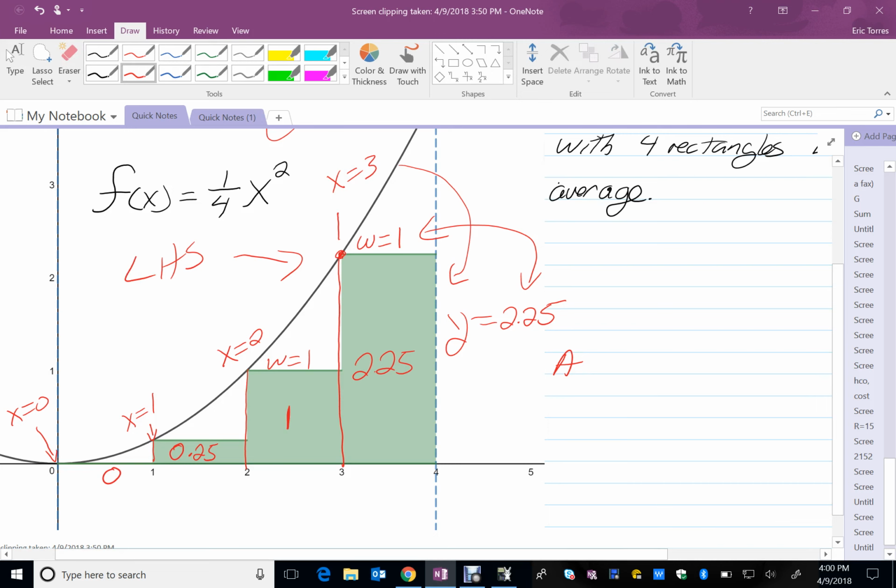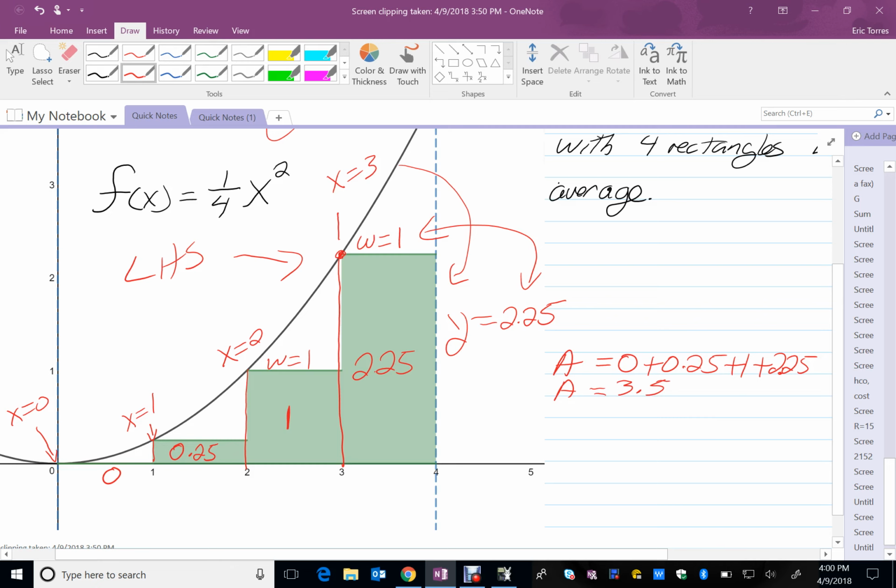So my area for my left-hand sum is going to equal 0 plus 0.25 plus 1 plus 2.25. And that's a total area of 3.5.